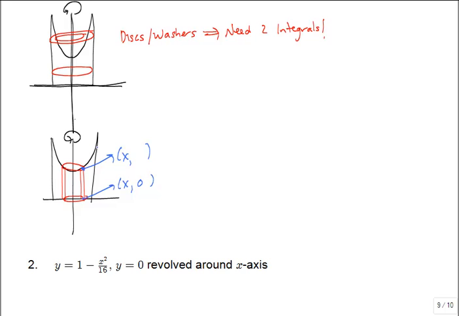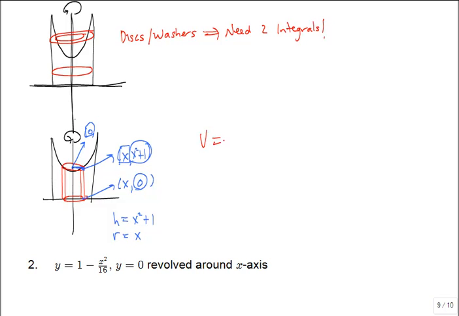The top point is on our curve, which had equation x squared plus 1. So the height is this y minus this y. So that's just x squared plus 1. The radius, if I look at the center of this circle, is this distance right here. And the x-coordinate of that center point is 0 because we're on the y-axis. So if I take this x-coordinate minus this x-coordinate, that means my radius is just x.